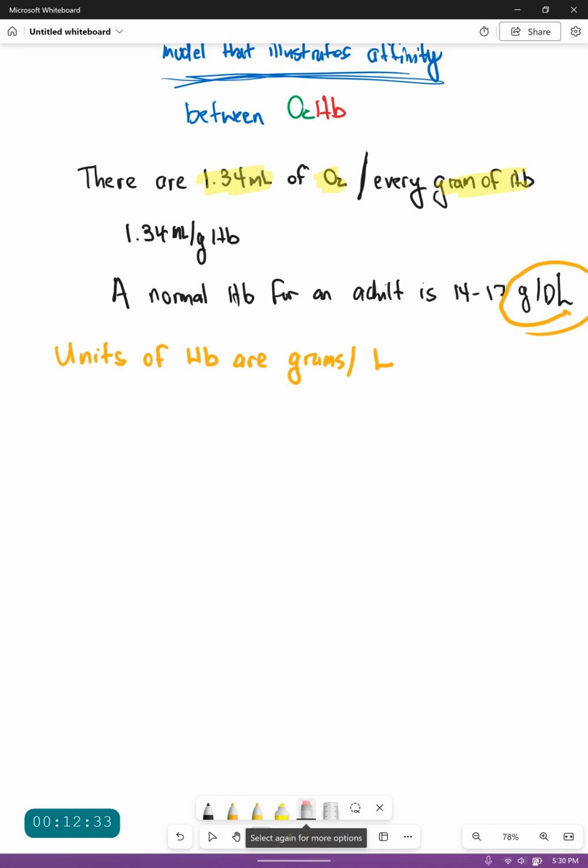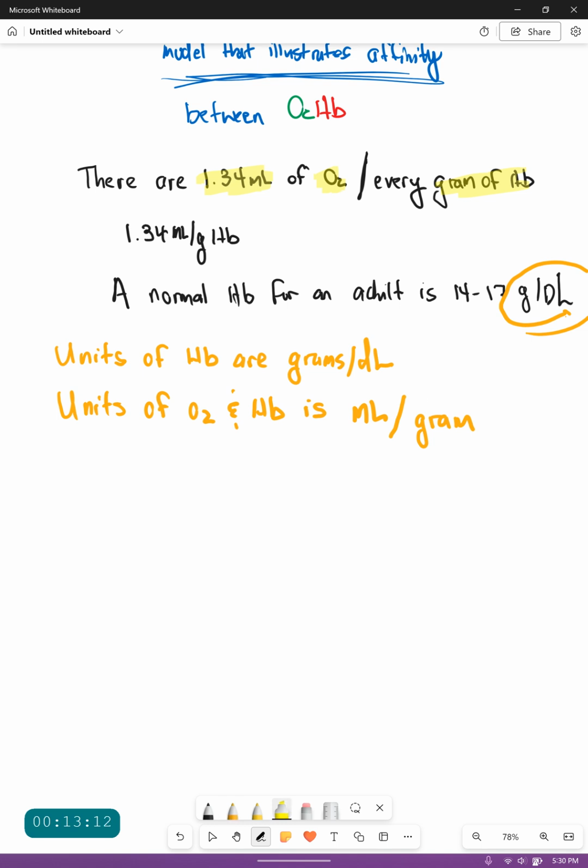The O2 carried is in mLs per gram of hemoglobin.